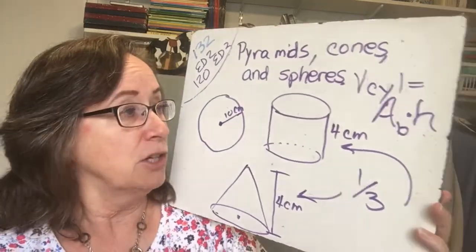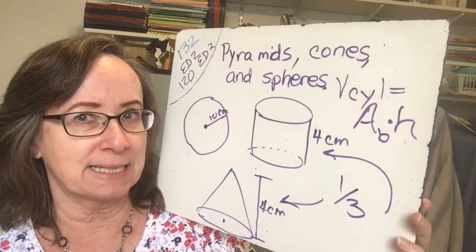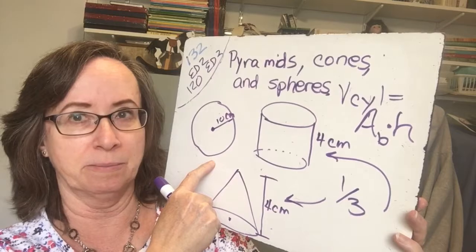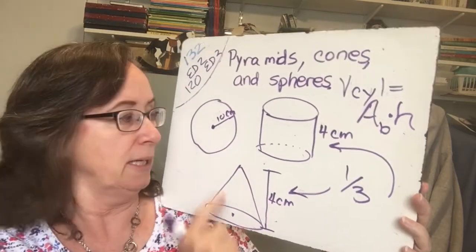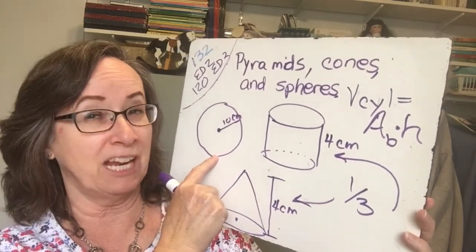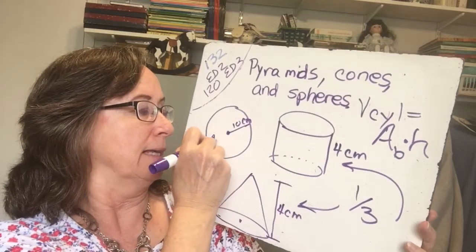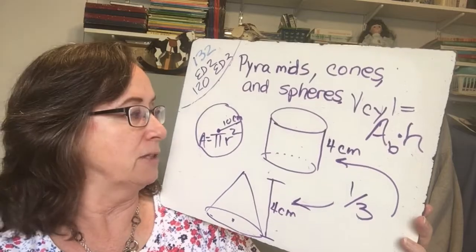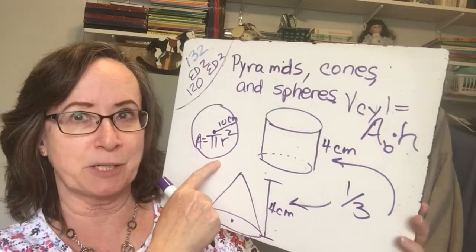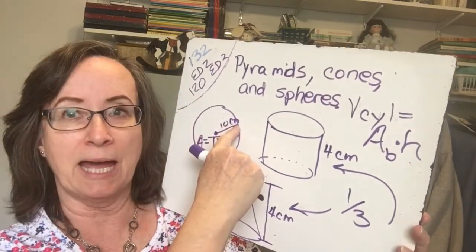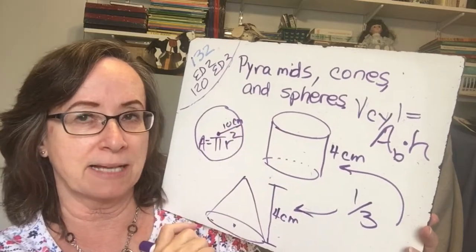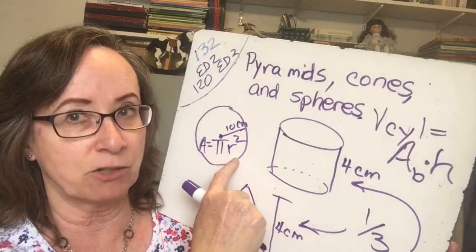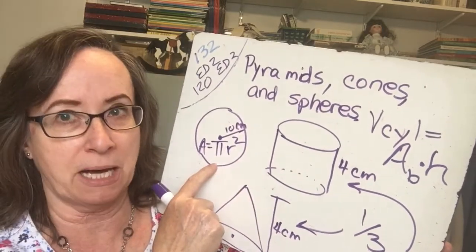That's it. So depending on what your base is, since our base, the bottom of this cone, is a circle, we know that the area of a circle is pi r squared. So the area of this particular circle, since we have 10 centimeters as our radius, would be 10 times 10 or 100 centimeters squared times pi.